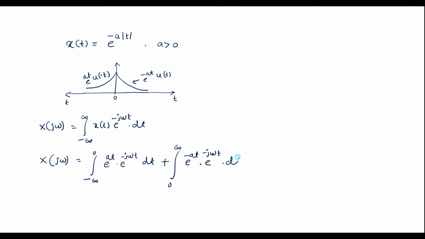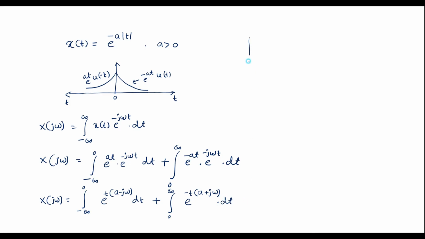dt. I can represent it as X(jω) equals the integral from minus infinity to 0 of e^(t(a-jω)) dt, plus, similarly, the integral from 0 to infinity of e^(-t(a+jω)) dt.